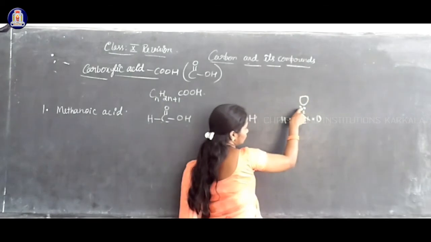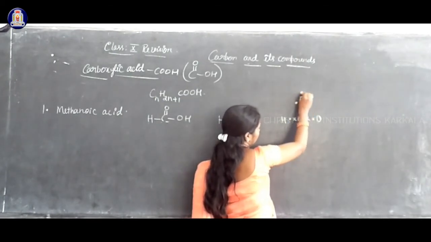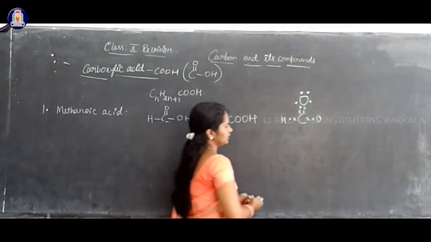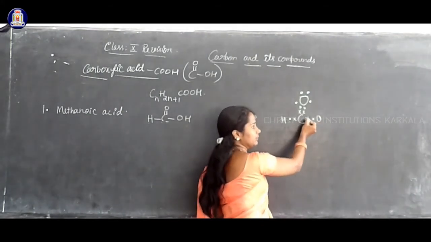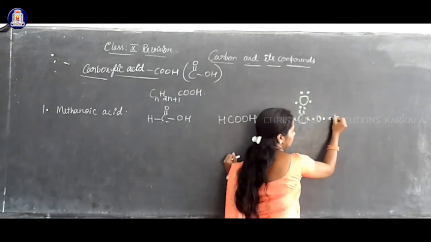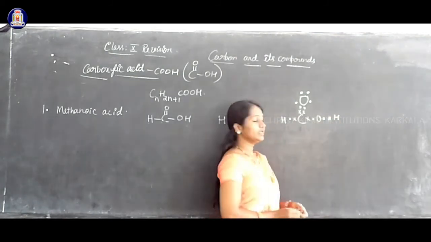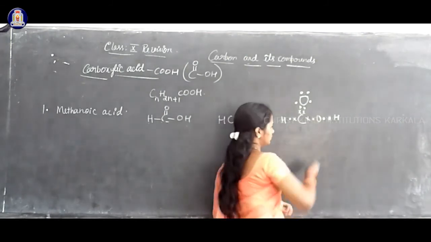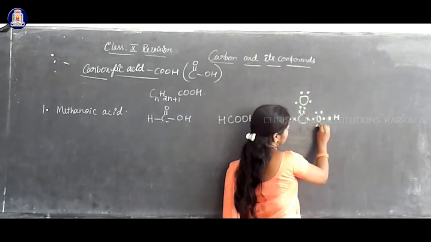In that 2 electrons already written, 3, 4, 5, 6. Now here one more oxygen. In that one electron forms bond with one electron of carbon. Another electron of oxygen forms bond with one electron of hydrogen. Hydrogen also I write down. Now how many electrons are left? Oxygen 2 already written. Third 3, 4, 5, 6.